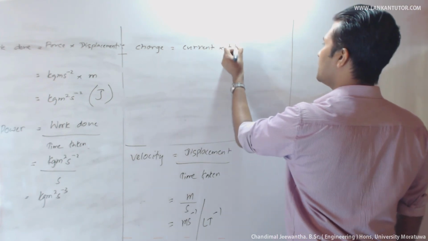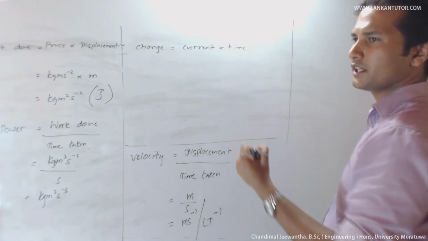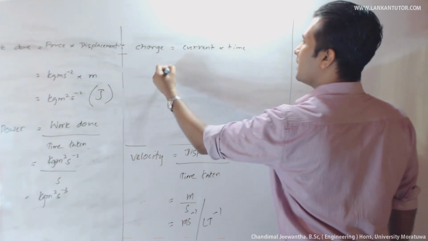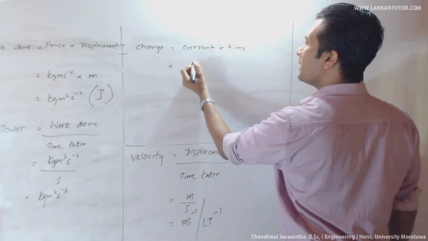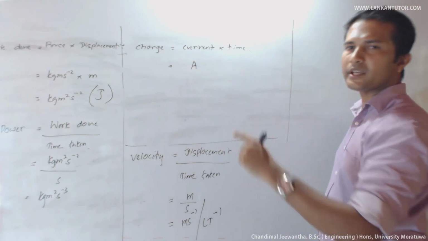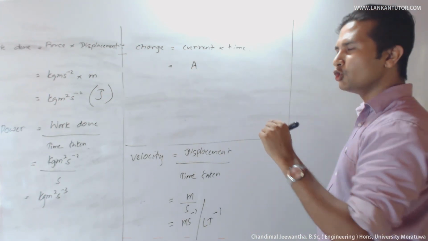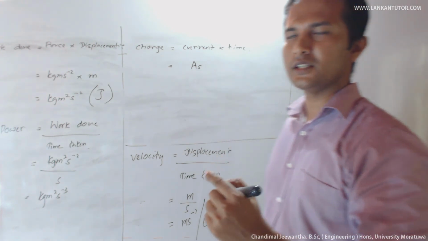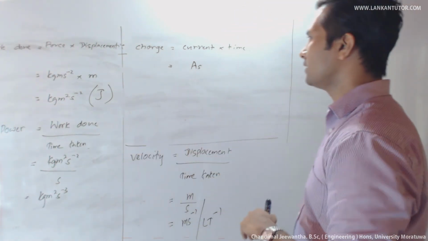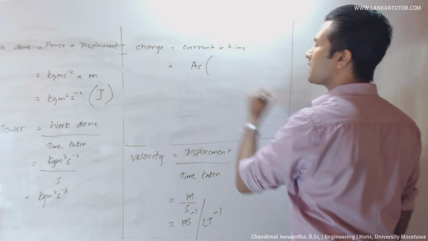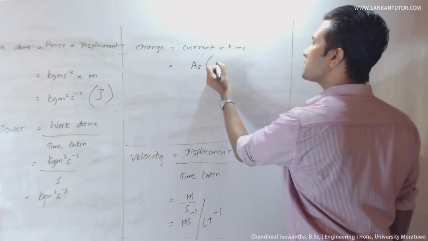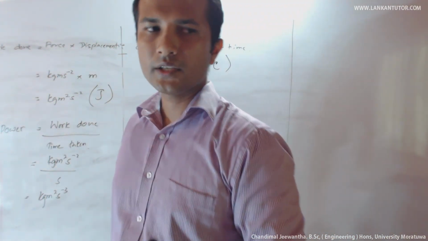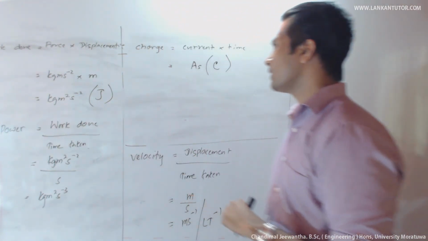So when considering current, the unit should be capital A, that is amperes, into simple s, that is AS, ampere second. Instead of ampere seconds, you can use capital C. What does capital C mean? That is Coulomb.